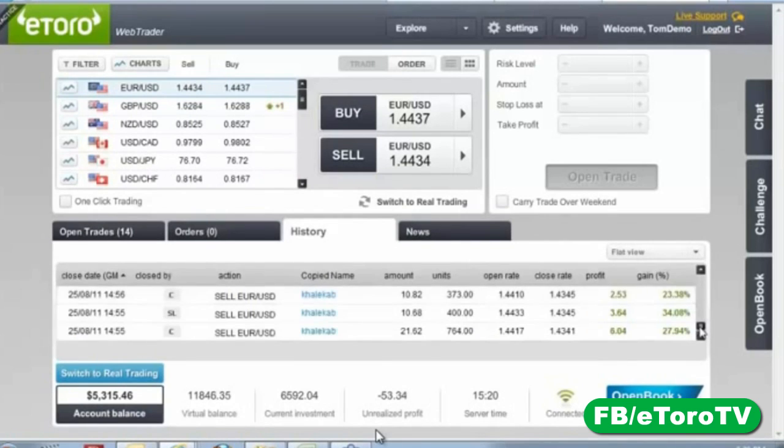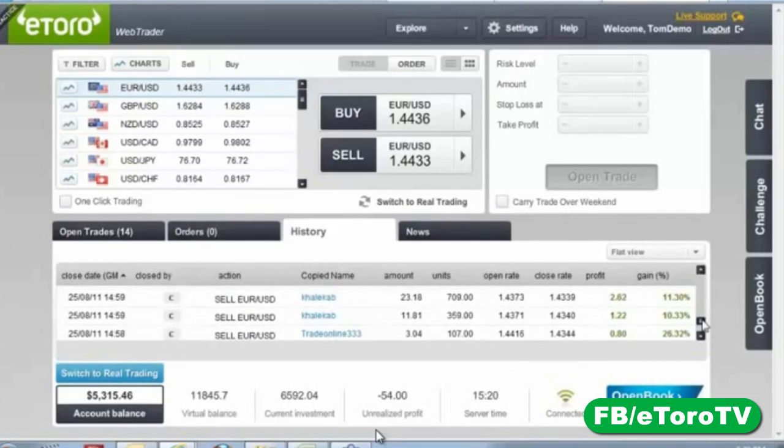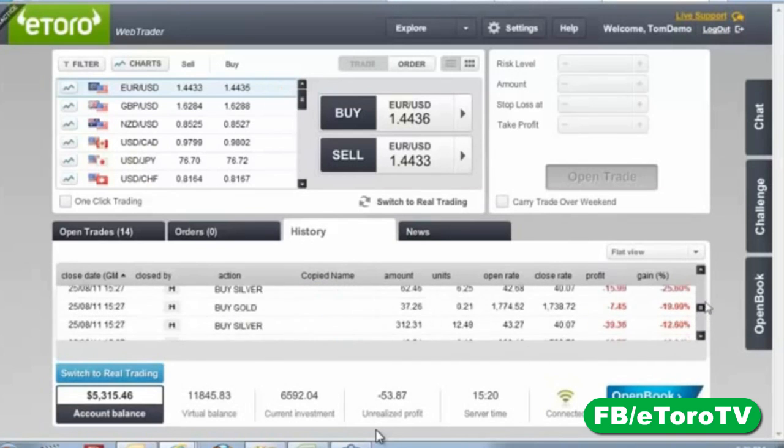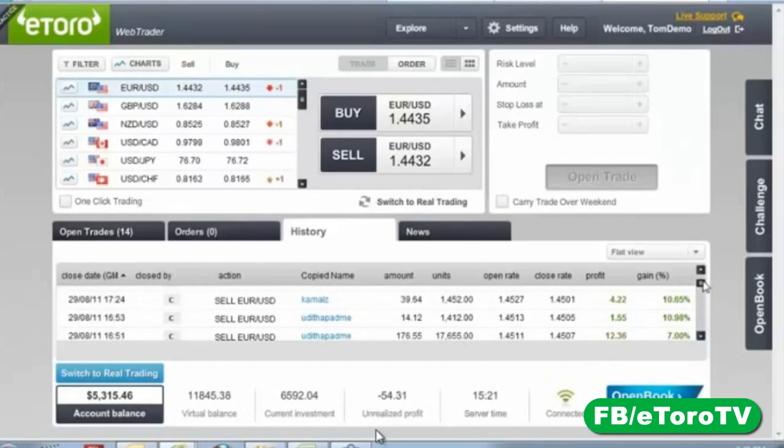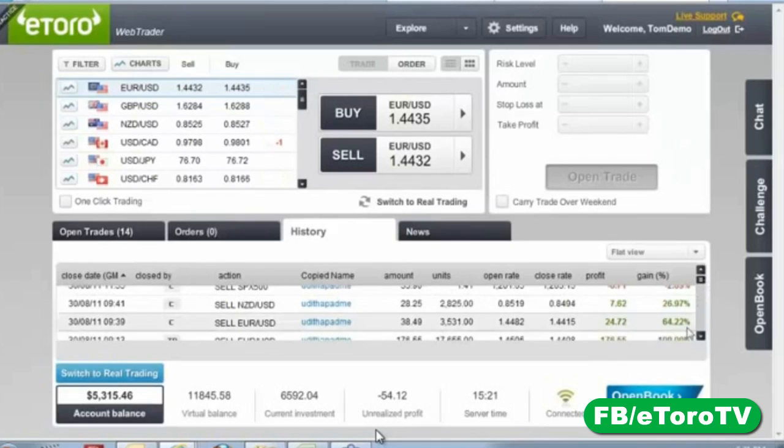Here is the history of my positions. Copied name, profit, the percentage of gain. Some of these are small, some of these are larger, but overall, look at the green. Some of them are red, yes, but much more green than red. And that's the best thing about it, because I didn't do anything here. I really didn't.